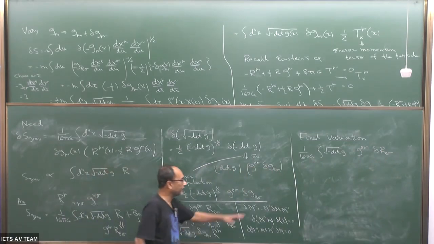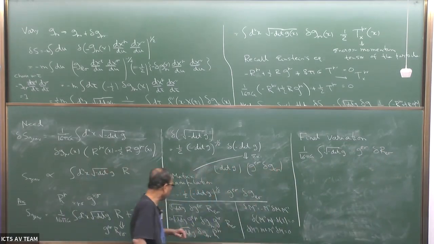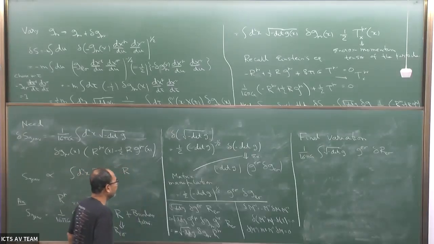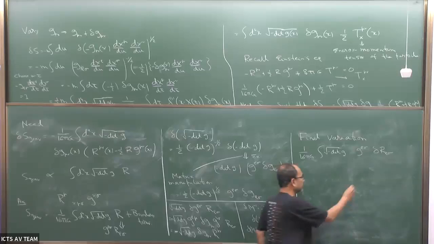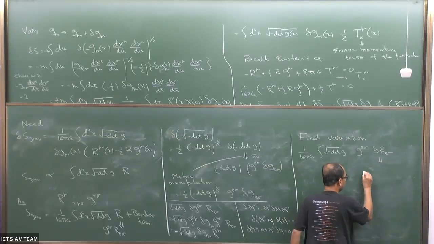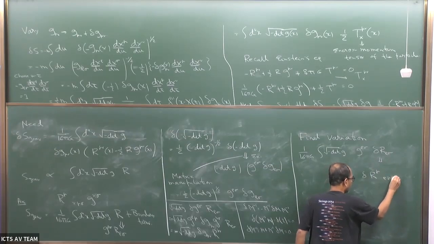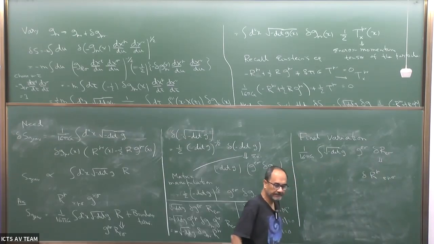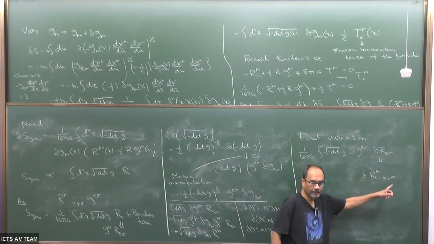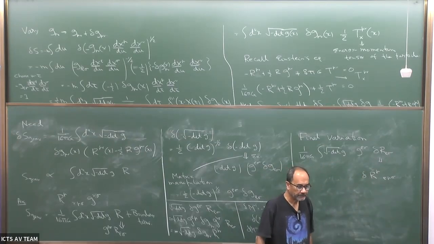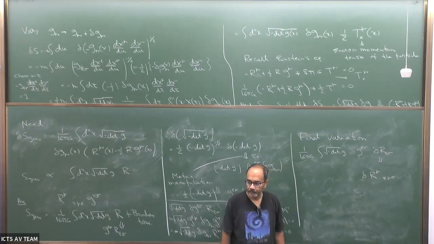This one is a little more complicated to analyze, because you have to write R in terms of the Riemann tensor. This is basically delta of R mu rho mu sigma. That's the definition of the Ricci tensor. So you have to express this in terms of the derivatives of the metric. First express this in terms of the gammas and then derivatives of the metric. But the net result that one finds is that this is a total derivative.